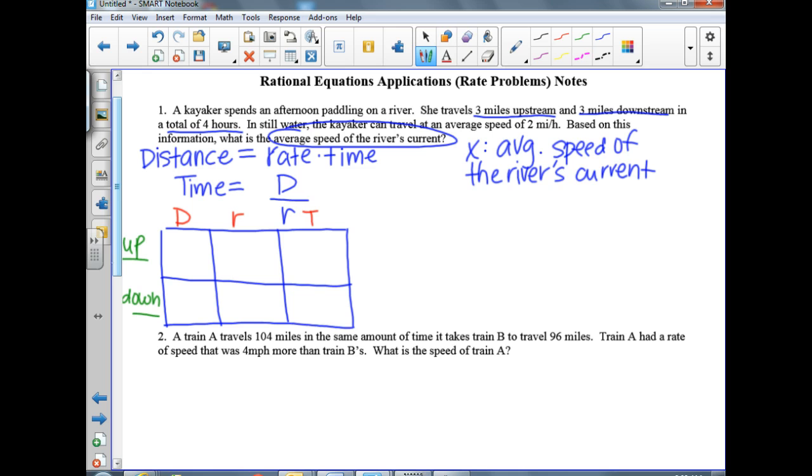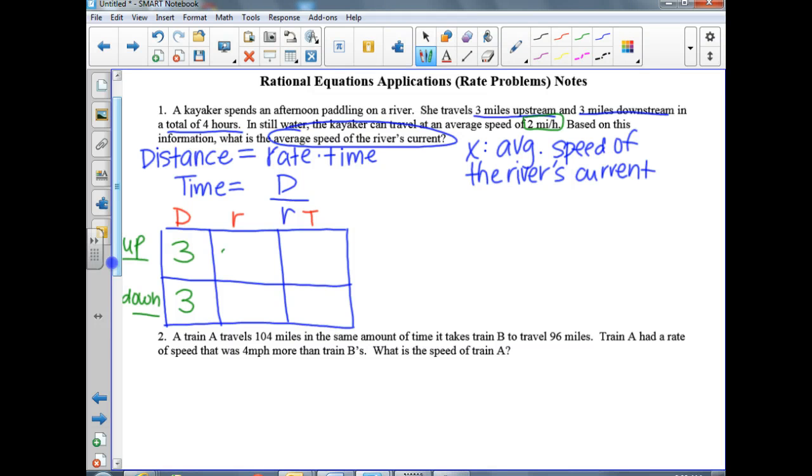So what's the distance that they travel upstream? 3 miles. What about downstream? 3 miles. Okay, so that's nice and easy. Now, your rate. This one's the tricky part. We're going to take the average speed, so 2.